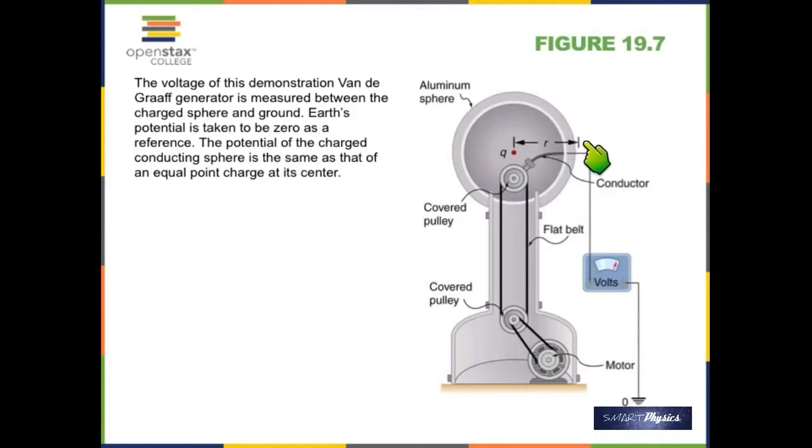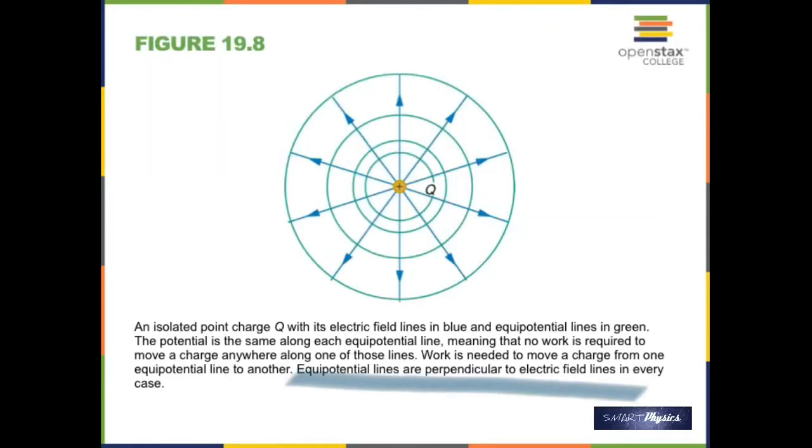So there is a potential difference between the sphere and the ground. And since you take the potential of the ground as 0, whatever is the potential of the sphere is going to be the potential difference, because this term is 0. And again, the Van de Graaff generator picks up charges because of electrostatic induction. All right, and I'm not explaining how it works here, but that's the deal.